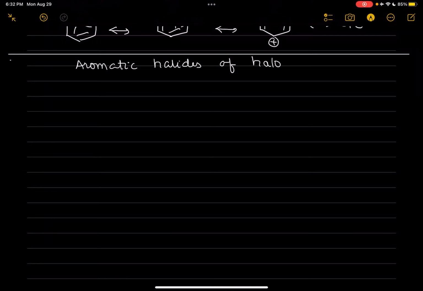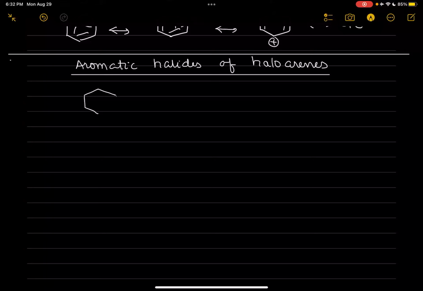But is there something special about the chain? Yeah, the chain also has consecutive double bonds in it. Double bond, single bond, double bond, right?